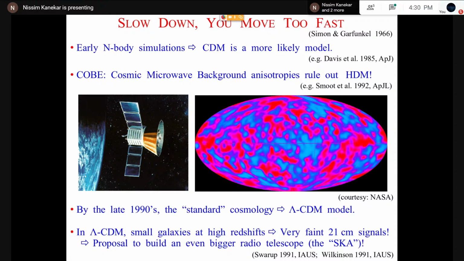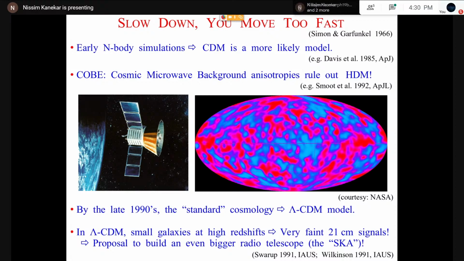And so in 1991, Govind and Peter Wilkinson independently proposed a much, much bigger telescope than the GMRT, much bigger collecting area, much higher sensitivity, which Govind called the International Telescope for Radio Astronomy, the ITRA, and Peter Wilkinson called the Square Kilometre Array, the SKA. And I'll tell you right at the end about the SKA today, very briefly. So that was proposed in 1991, and we have still not come very close to building it as yet.